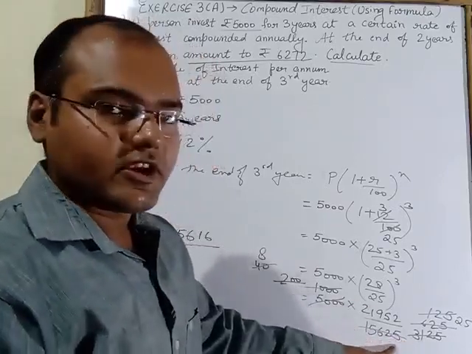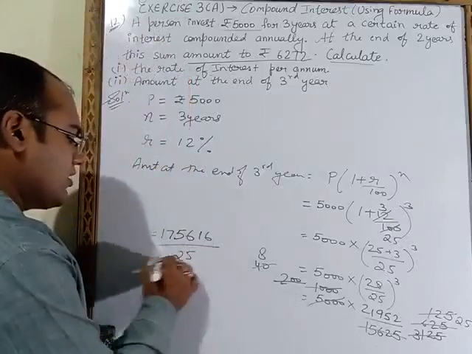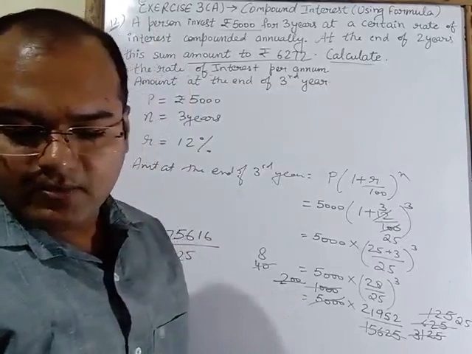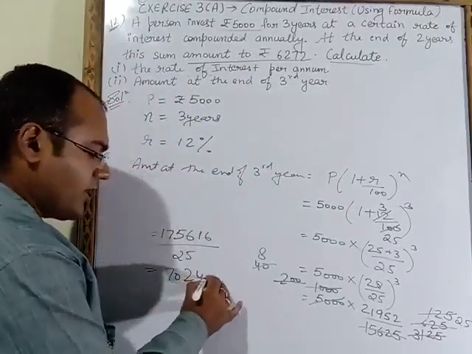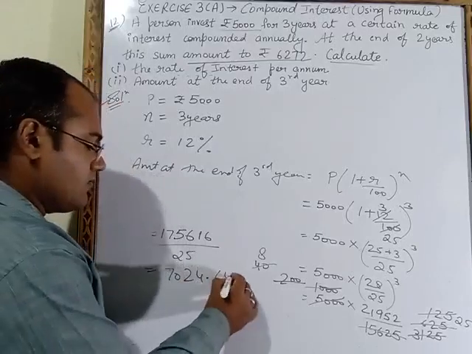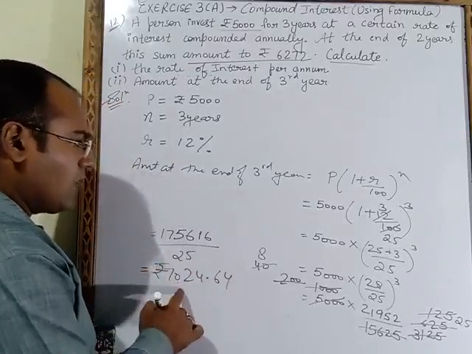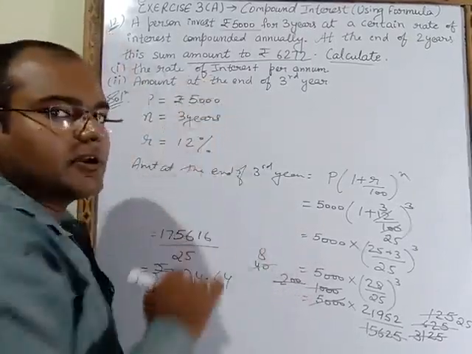This number was given in the denominator, but we had cancelled it, and the remaining term is 25. Now we will divide it by 25. So the answer will become, in decimal, 7024.64. So this is the amount at the end of third year. So like this, you have to do this question number 12.